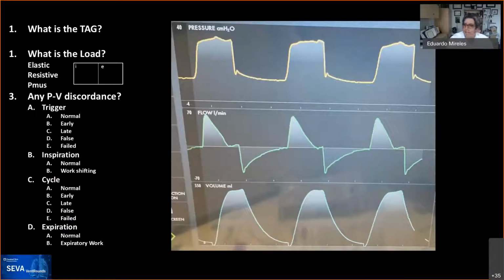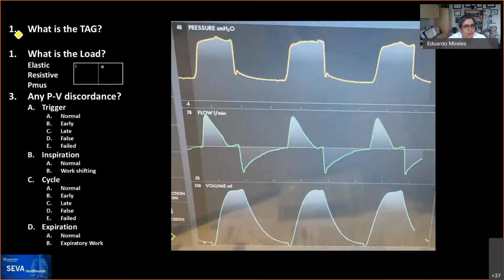So today I decided to go back to our basics of whenever we read a waveform of mechanical ventilation. This one will not have a tutorial as we usually do, but it will end up being a tutorial at the end. Just for the sake of everybody that is joining, we have a standardized method of reading waveforms.